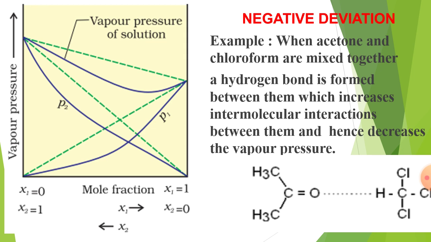Hence, these types of molecules show negative deviation from Raoult's law. Some more examples you can note down: acid plus water, any acid plus water, is an example of negative deviation. Phenol plus aniline is also an example of negative deviation.